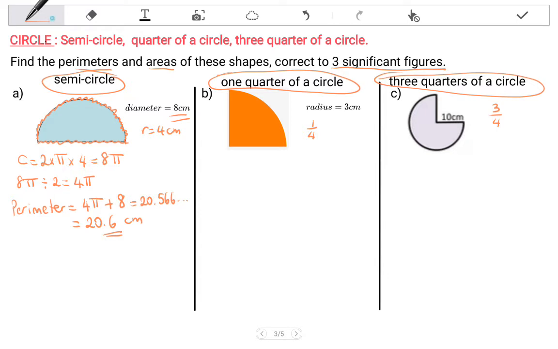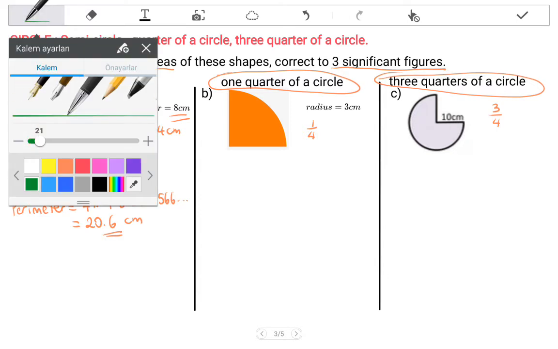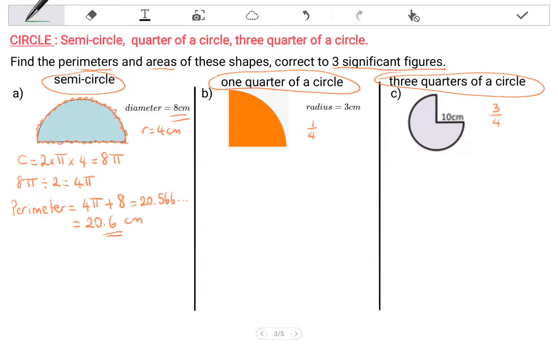What about the area? Let's change our color. If it was a whole circle, the area of a whole circle is pi r squared, which is 16 pi.